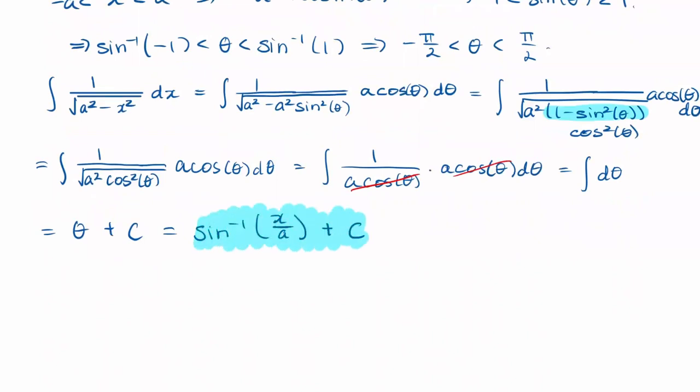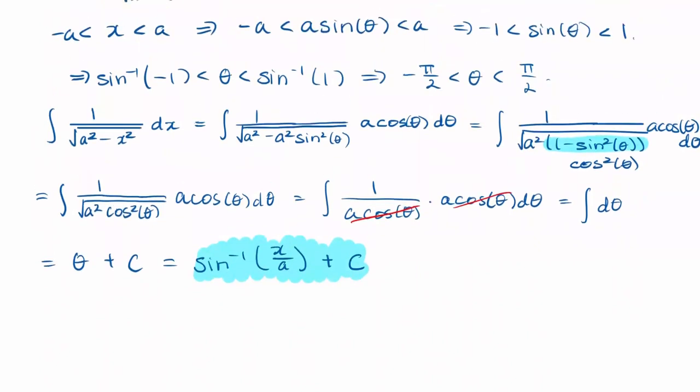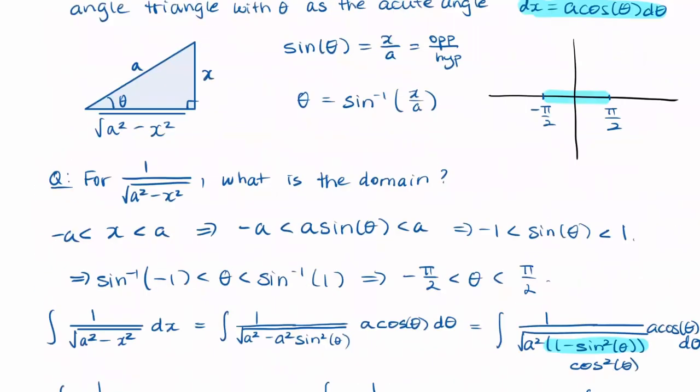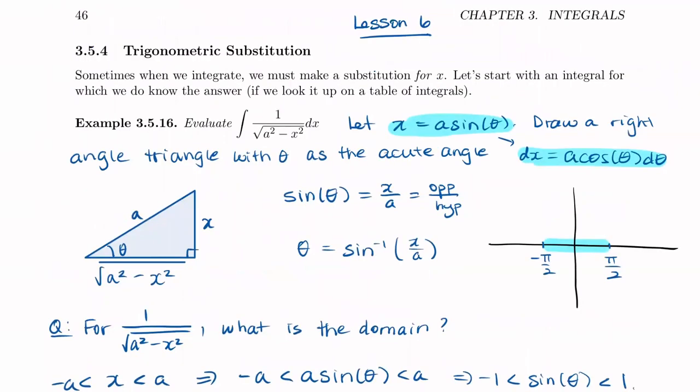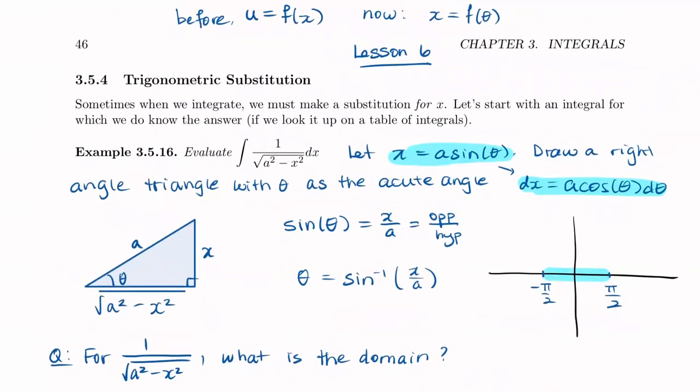All right. So that was an interesting process that we took. We made a substitution for x rather than doing a u substitution here instead. So whenever we're working with trigonometric integrals or substitutions, it's best to make a substitution for x so that we can make it into a trigonometric function.